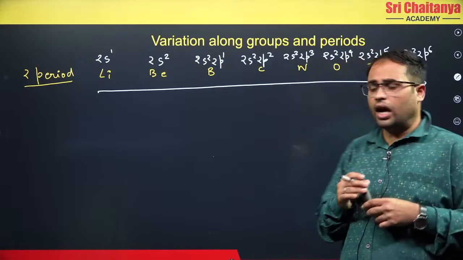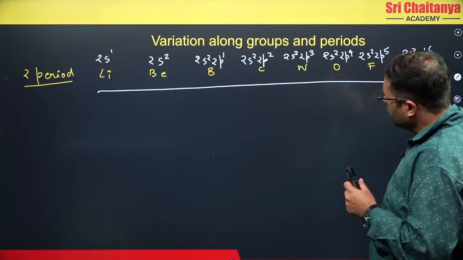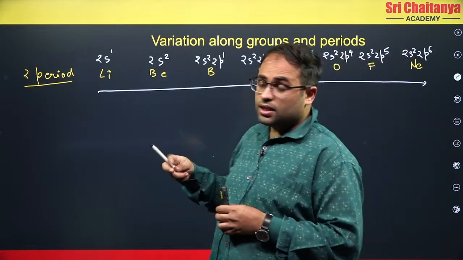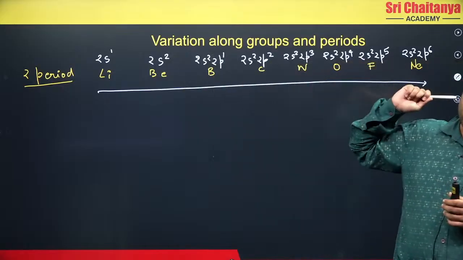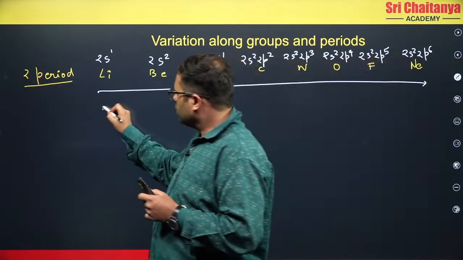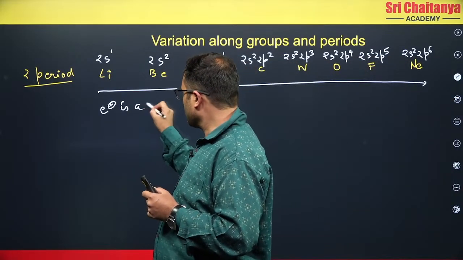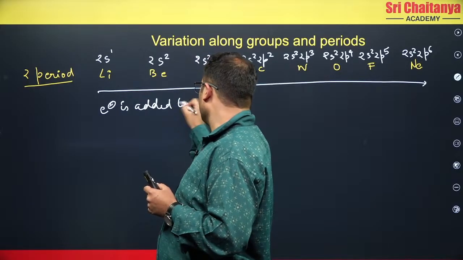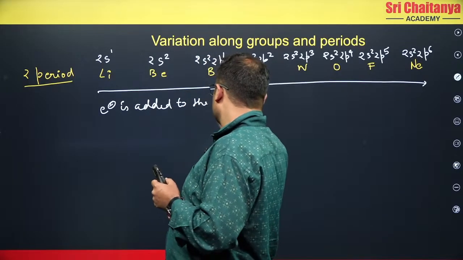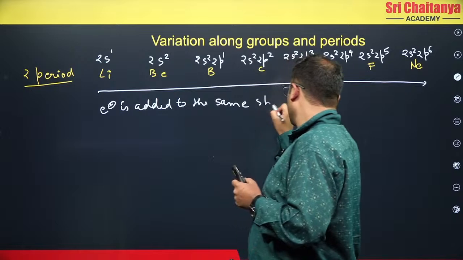Right? The configurations are done. Now, as you are moving from here to here, see what is happening. This 2, 2, 2, 2, 2 is remaining the same. So, I can say that electron is added to the same shell.